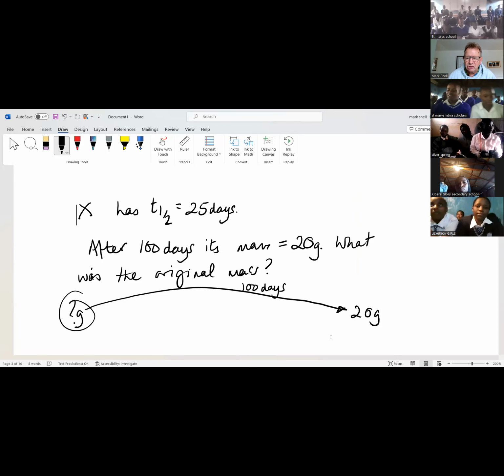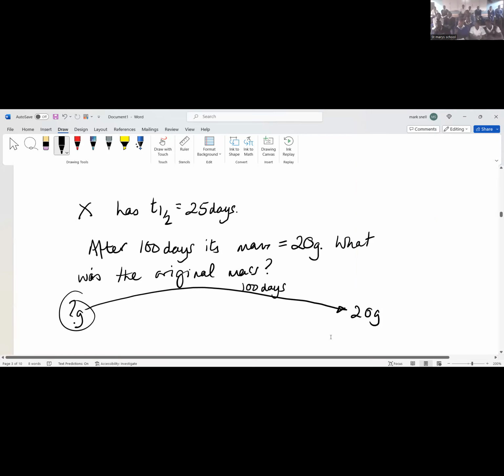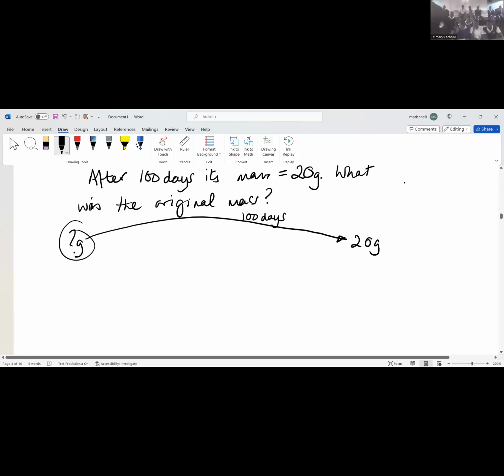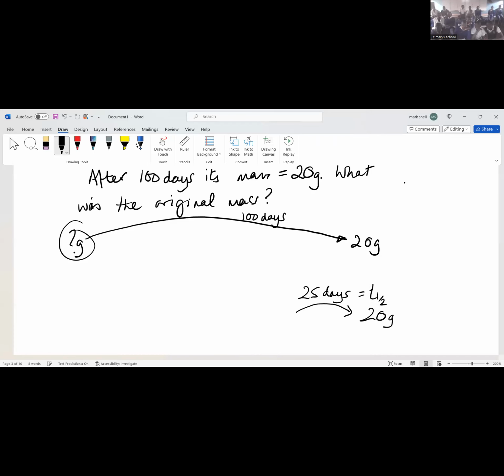Just remember, each 25 days, its mass halves. So I'll try and give you a little bit of help. In other words, if it ends up as 20 grams after 25 days, because 25 days is its half-life, the time that it takes to halve the amount, then before the 25 days, it must have been 40 grams.